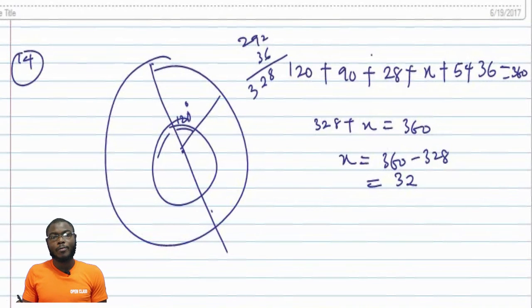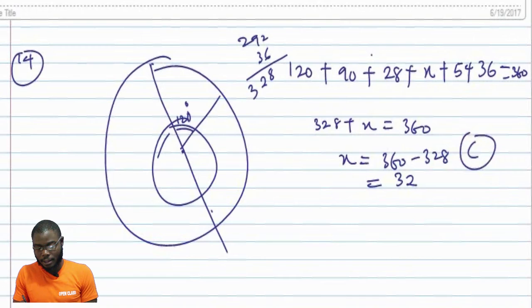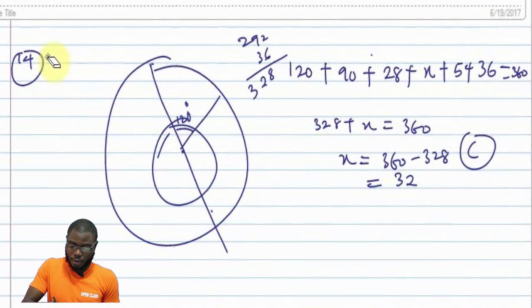All right. So if you look at your options, option A equals 24 degrees, B says 39 degrees, C says 32, and D says 36. So your answer is C. All right, let's move to question number 15.